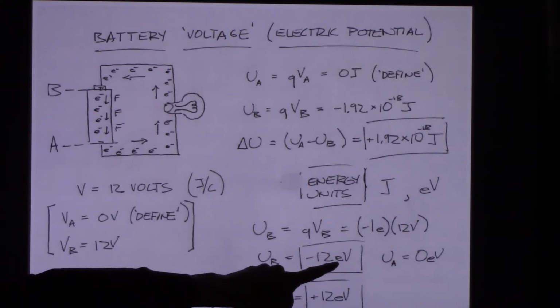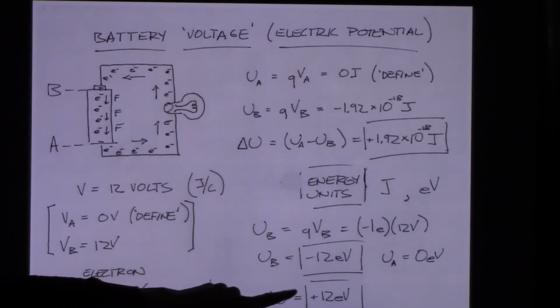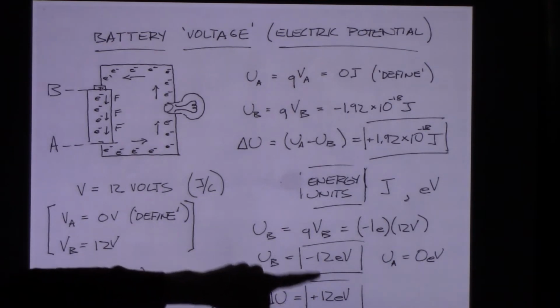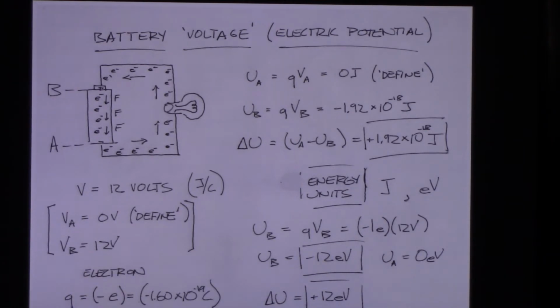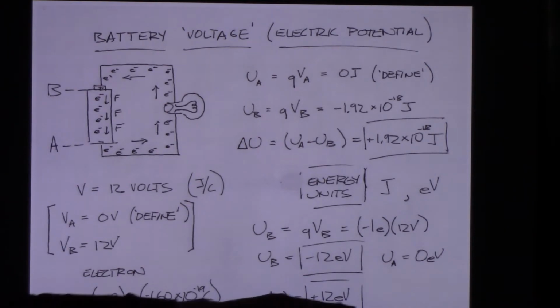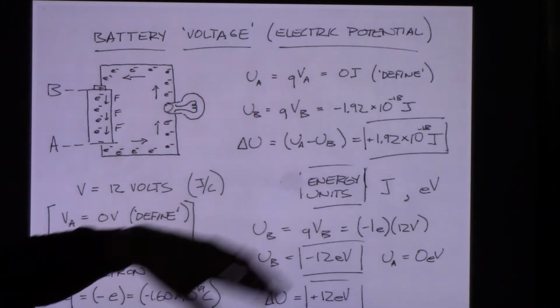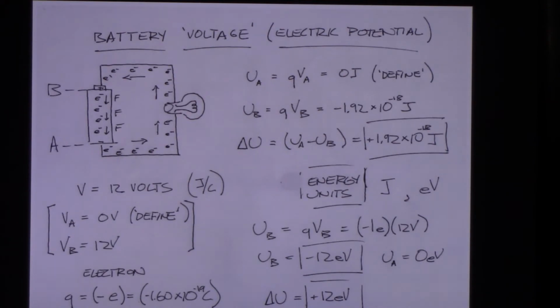And that becomes part of my unit. So by the time the electron has gone around the circuit, that represents 12 eV of energy. So 12 eV is the same thing as 1.92 times 10 to the minus 18 joules.